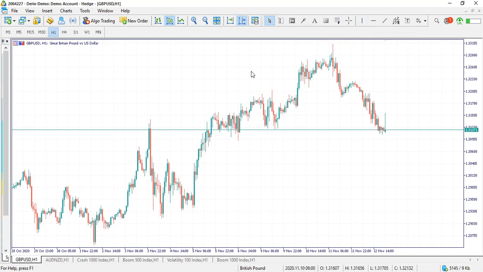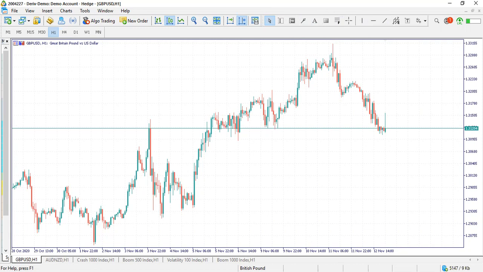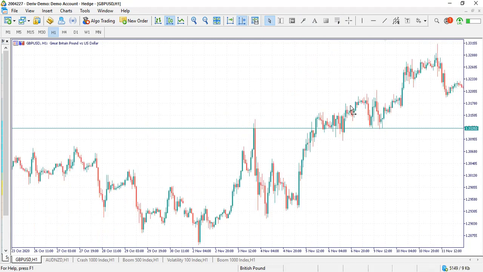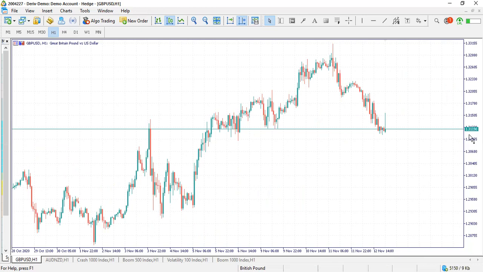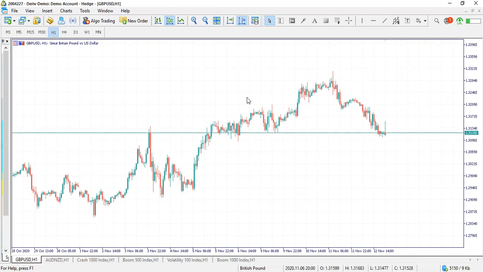Let's see this chart here, the GBP USD. Now, if you look at this chart closely, you're gonna see. Actually, I'm in a session.